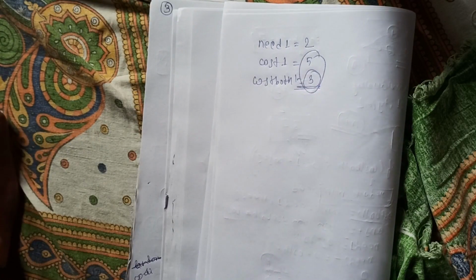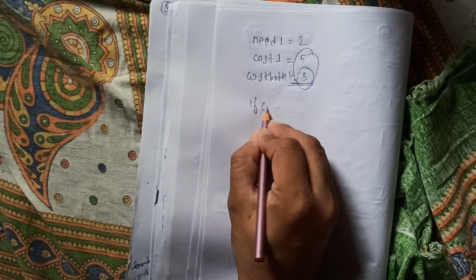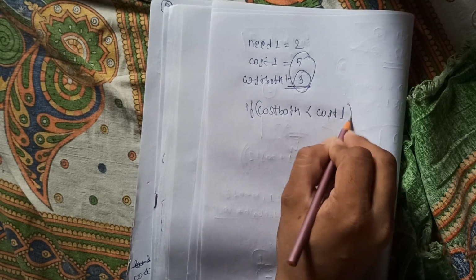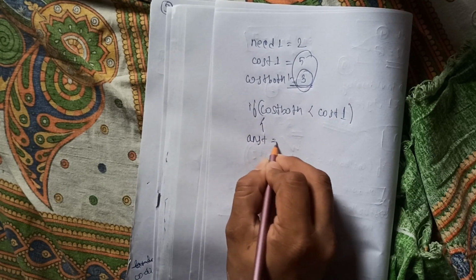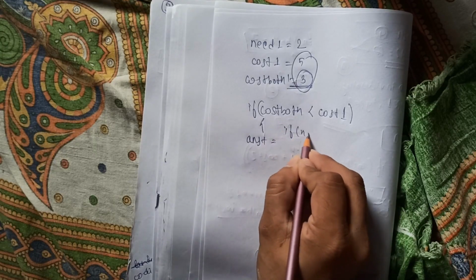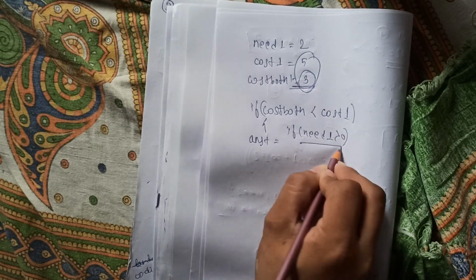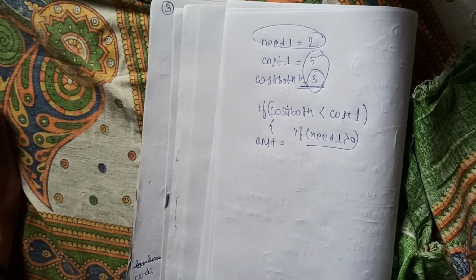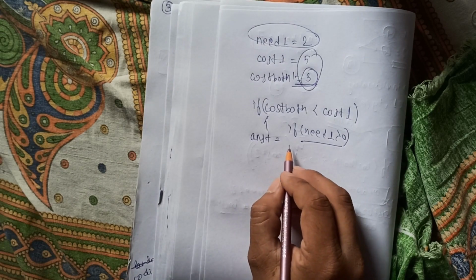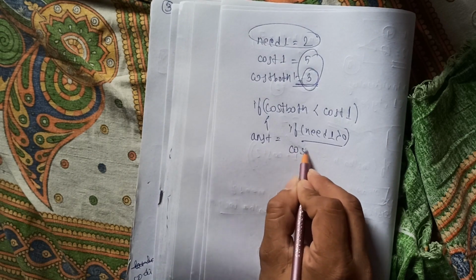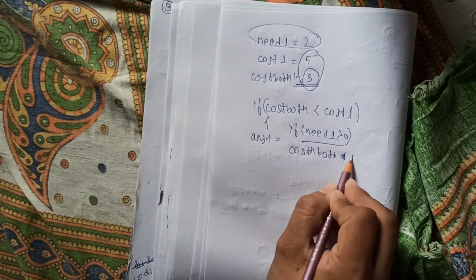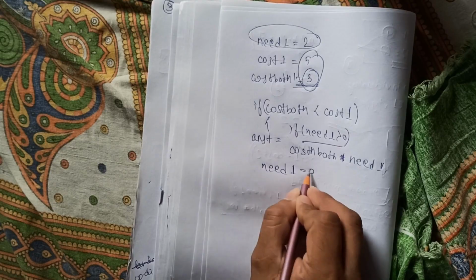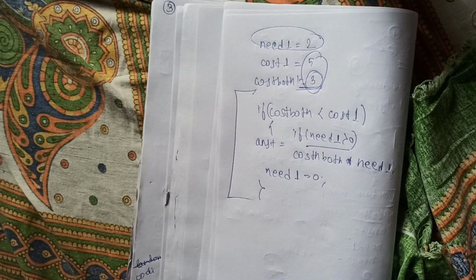So the next condition becomes that if cost both is less than cost 1, and if your need 1 is greater than 0, that means you still have a requirement of need 1, then the answer will be answer plus equal to cost both into need 1, and need 1 becomes 0 because you won't require need 1 again, you will make it 0 at this point, right?